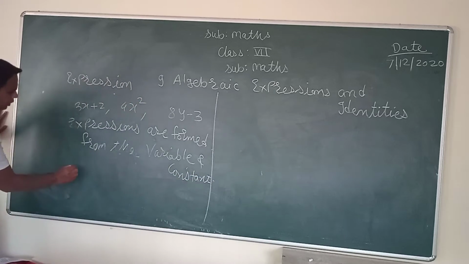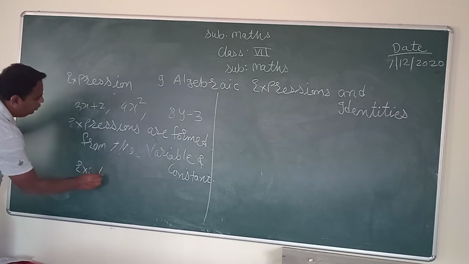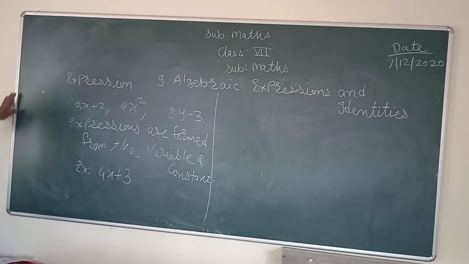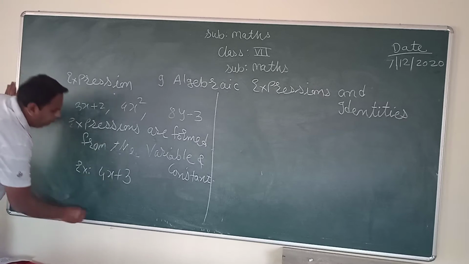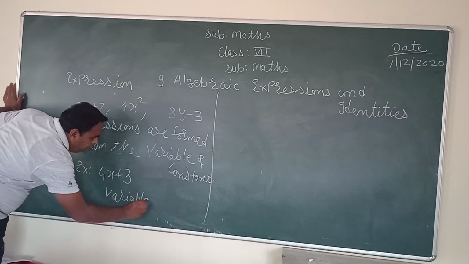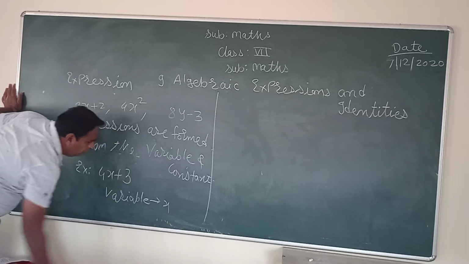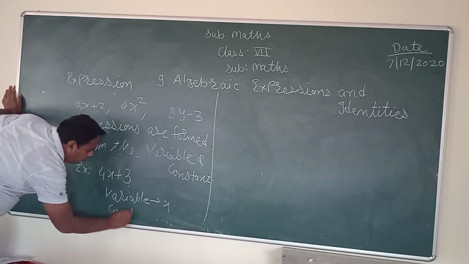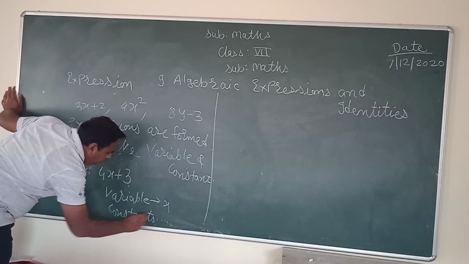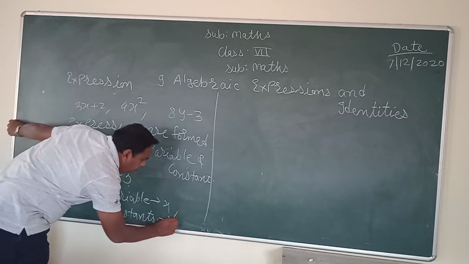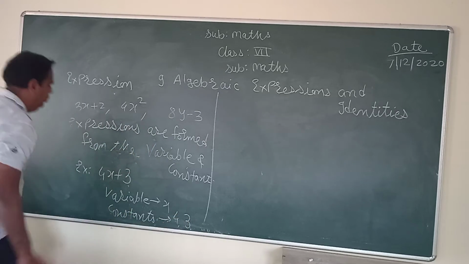See here the example: 4x + 3. This is our example. It is an expression, students. Here the variable is x, students, and the 4 and the 3 are constants here. Constants. Here the constants are 4 and 3.